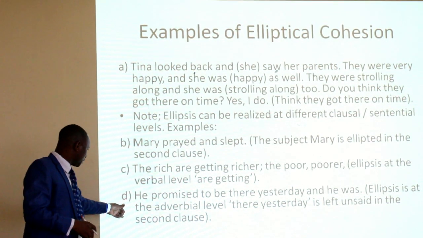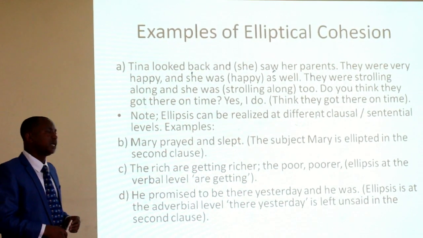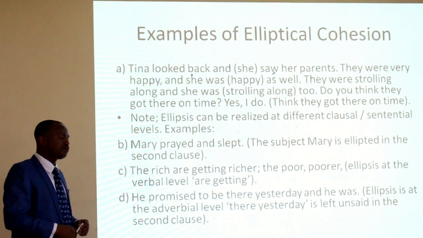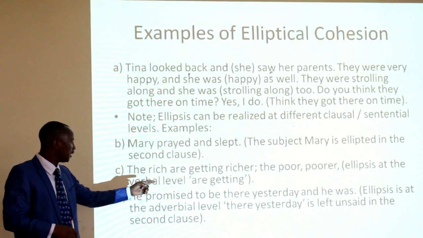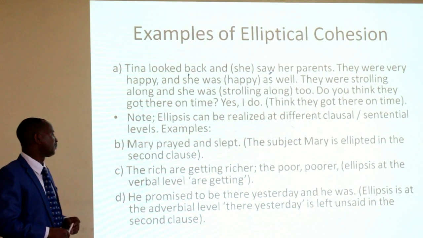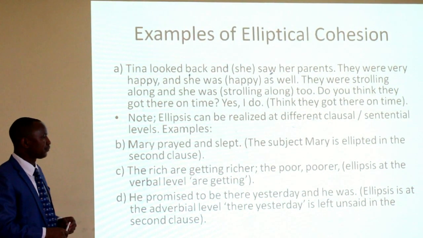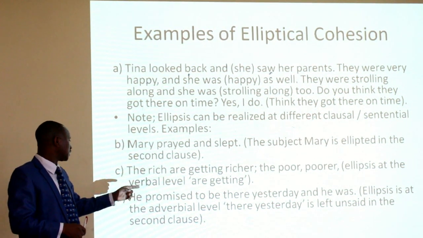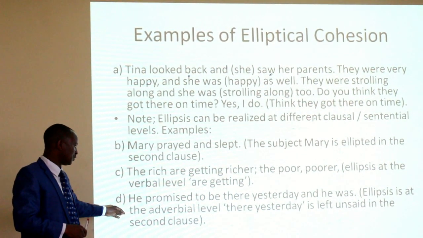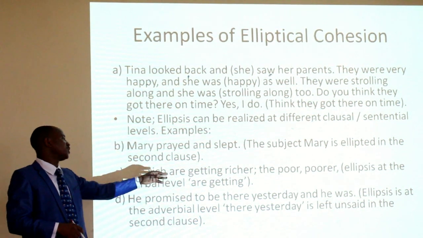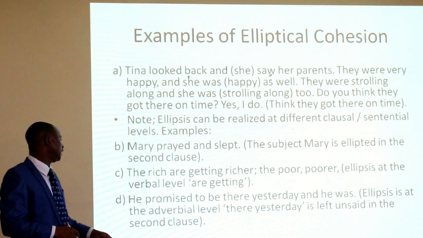The next sentence, D. He promised to be there yesterday and he was. Can you think of ellipsis in that sentence? Yes, ellipsis is at the adverbial level. There yesterday is left unsaid in the second clause.